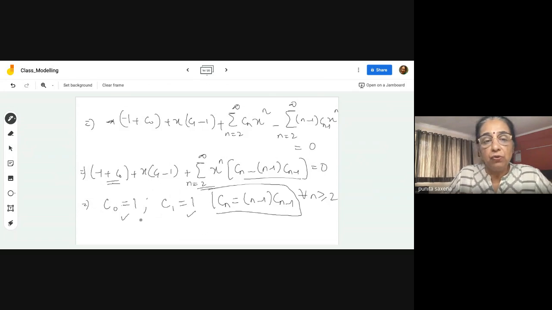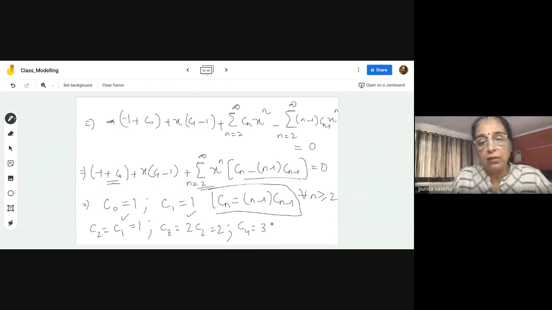So if you use this recurrence relation, you get C2. When you put n equal to 2 here, you get C2 equal to C1, which is 1. Then similarly, C3. C3 is equal to 2C2. And how much is C2? 1. That means C3 is 2. Similarly, C4.